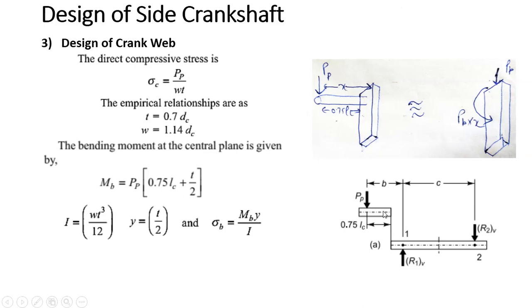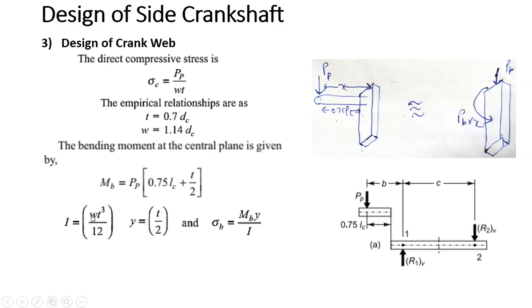Now again at the central plane, when you calculate the moment, that will be equal to the force PP into 0.75 LC plus, because 0.75 LC is up to this point, plus T by 2, the thickness of this web. So this is the overall bending moment acting at the center of this web part.